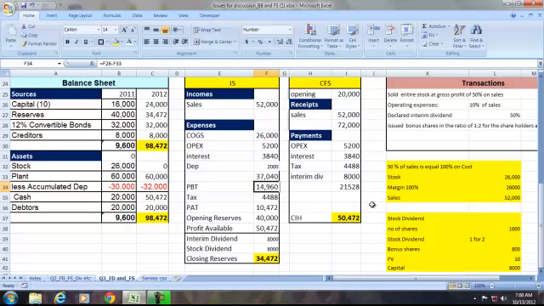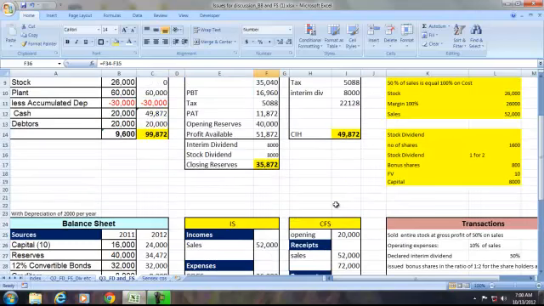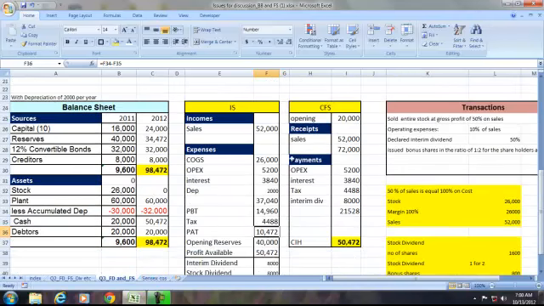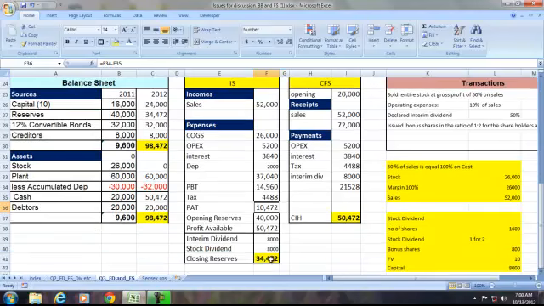PBT will reduce by 2,000. Tax will accordingly change, and all other items will be affected because of depreciation. So once we have the depreciation, the PAT during the period, which was 11,872 earlier, is now 10,472, and then we use the profit available to distribute the interim dividend and the stock dividend.